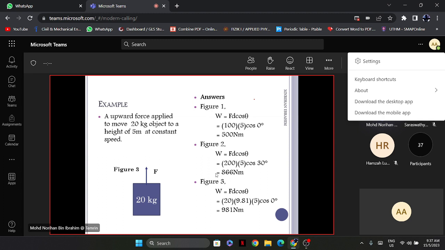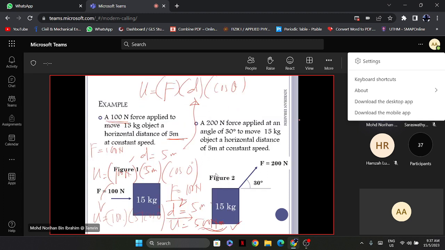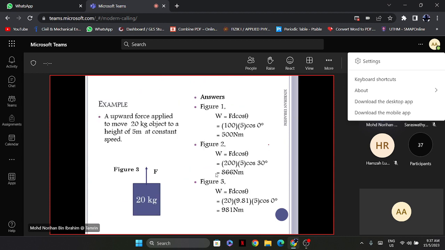Okay, example 3, the third one is here. An upward force applied to move 20 kilogram object to a height of 5 meter at constant speed. Okay? At constant speed. So the method of solution is here actually for this figure 3.